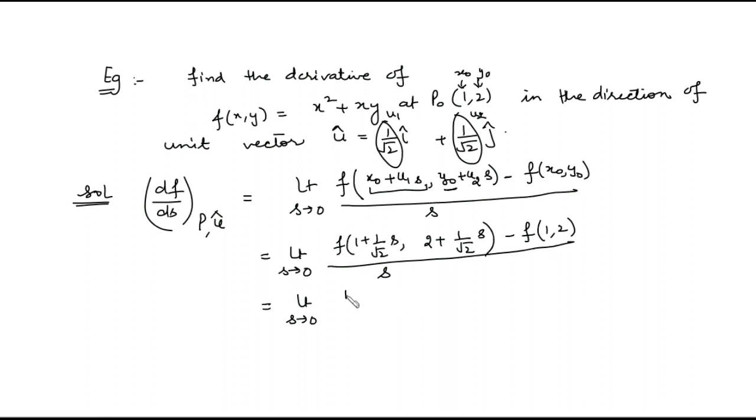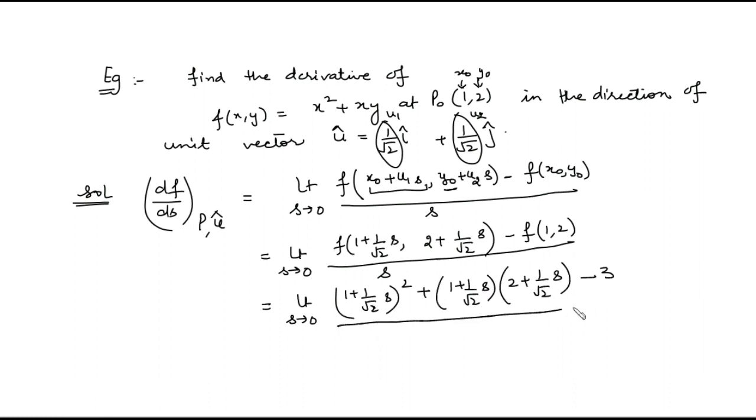So now just substitute over here. This is x square plus x into y, minus the value of the function at 1, 2. So when you put x to be 1 and y to be 2, you will get 3, divided by s.